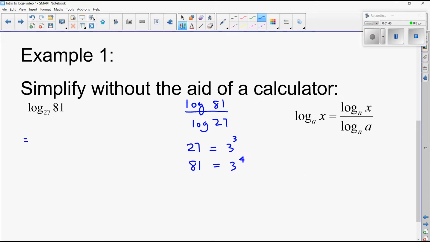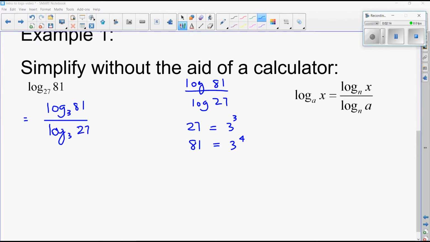So log of x to the base a, so log of 81 to the base 27, is log of x to the new base. So it's going to be log of 81 to the new base, which is 3. And then this is going to be over log of a to the new base. So a is 27 in this situation. So this is going to be log of 27 to the base 3.